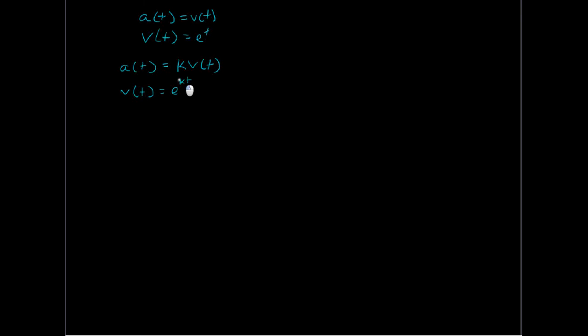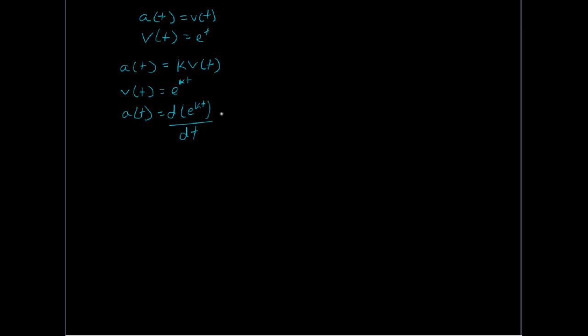And I think it's pretty apparent why I'm guessing this, but maybe you want to pause the video here and think about why I would guess this function of all functions. But moving on, now that we've guessed it, we want to check it to make sure it works. If velocity as a function of time is e to the kt, we know its acceleration as a function of time is going to be the derivative of e to the kt with respect to time.